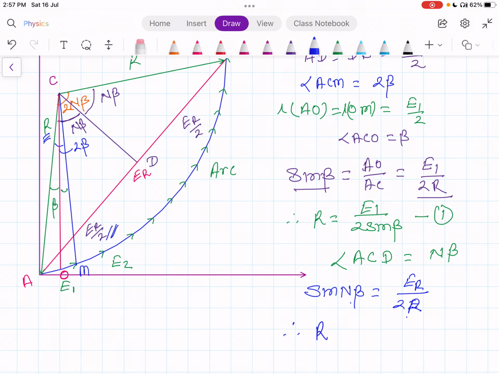Therefore, R is equal to ER upon 2 sine n beta, and this is equation 2.